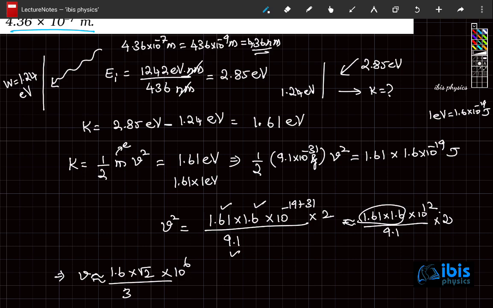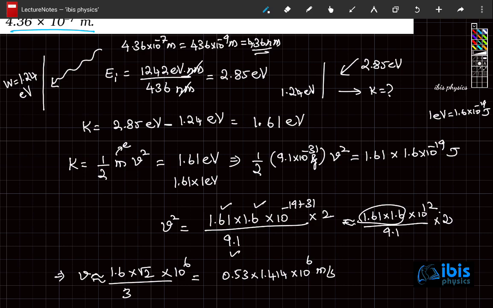This is not the exact answer, maybe a bit here or there. Since I'm just doing it as an example, I'm approximating this. So 1.6 by 3. What value is there for 1.6 divided by 3? I'm getting 0.53, times root 2 which is 1.414, times 10^6 meter per second.